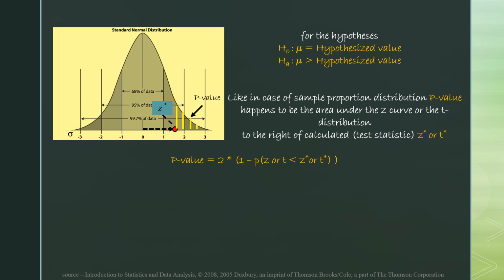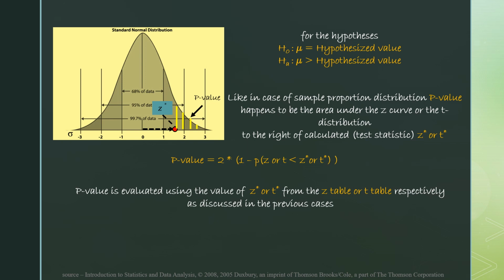The p-value therefore equals 1 minus the probability of z or t taking a value less than z star or t star respectively. The p-value is evaluated using the value of z star or t star from the z table or the t table respectively, as discussed in the previous cases. If the p-value is greater than alpha, then H0 is not rejected. Else if the p-value is less than or equal to alpha, then H0 is rejected.